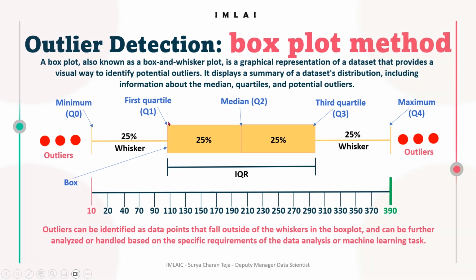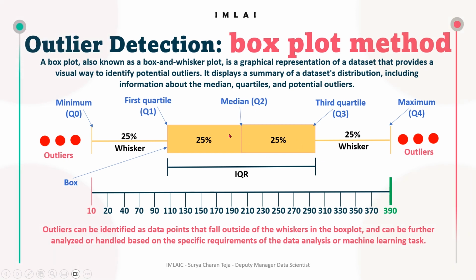The box represents the interquartile range, which contains the middle 50% of the data. The data is in ascending order, and the middle 50% of the data is in the interquartile range. The bottom of the box, or left of the box, represents the 25th percentile, called Q1, and the top of the box, or the right of the box, represents the 75th percentile, Q3.